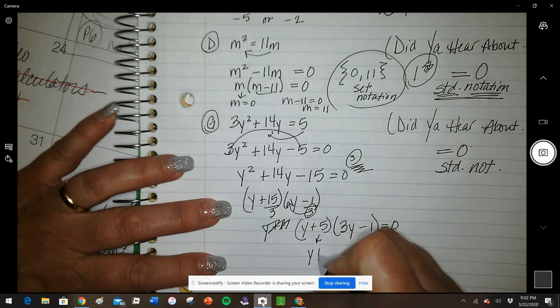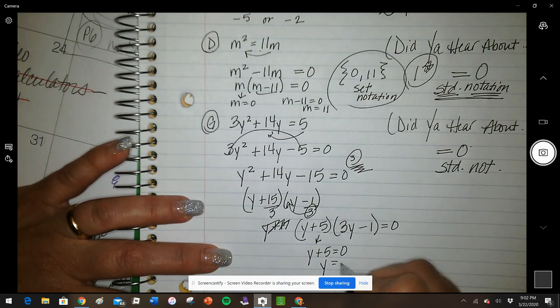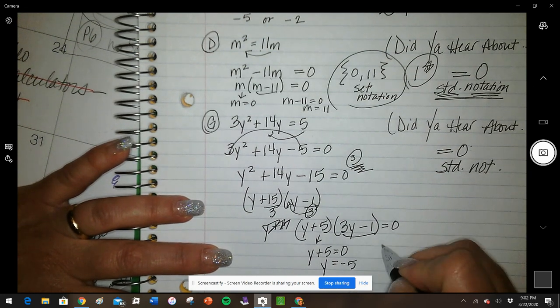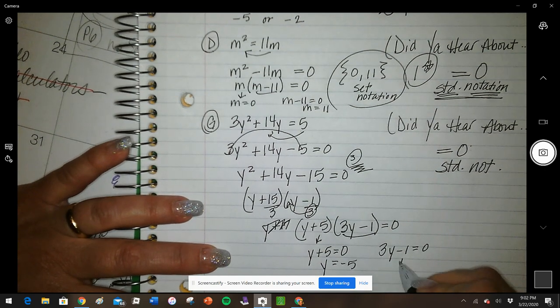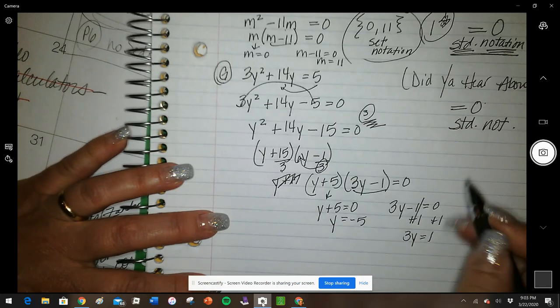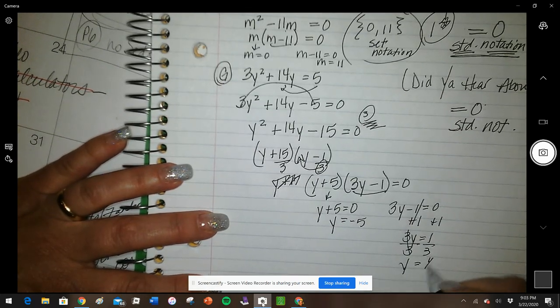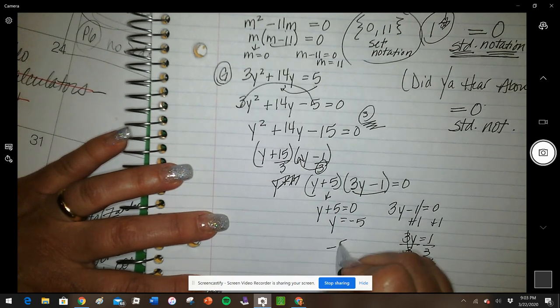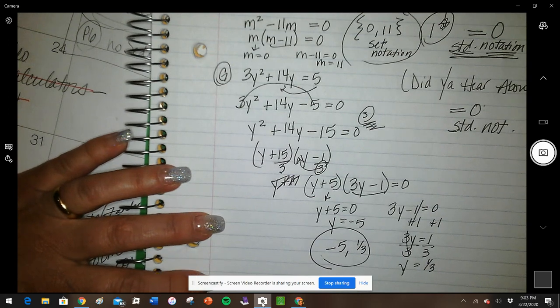So y plus 5 equals 0 is going to give you an answer of y equals -5. And then 3y minus 1 equals 0, if you add 1, divide by 3, or do the shortcut, you get an answer of 1/3. So -5 and positive 1/3 are going to be those two answers.